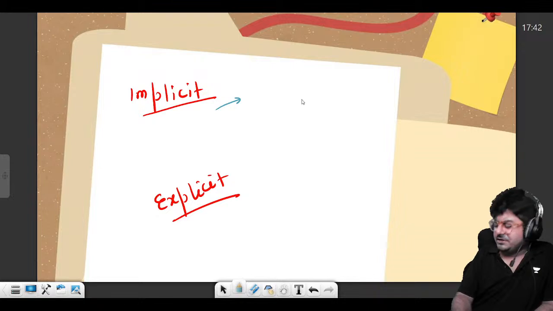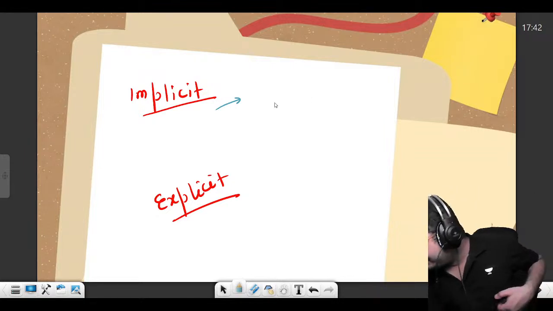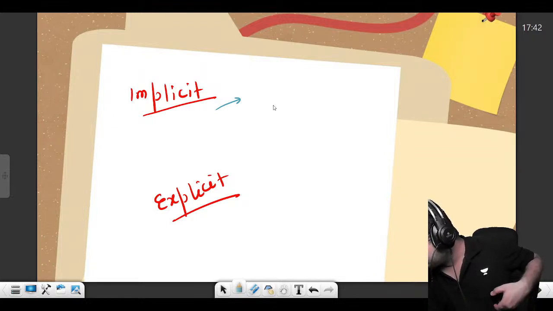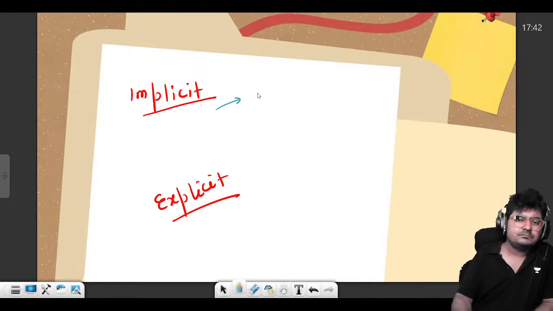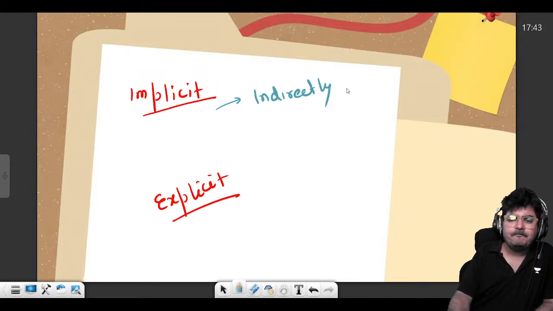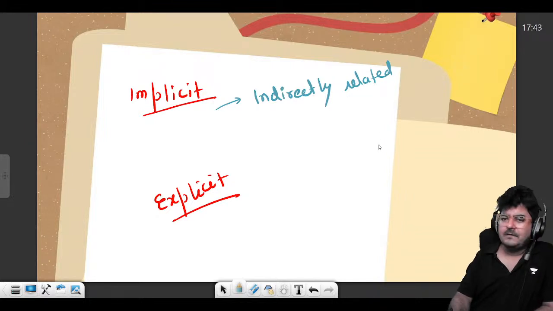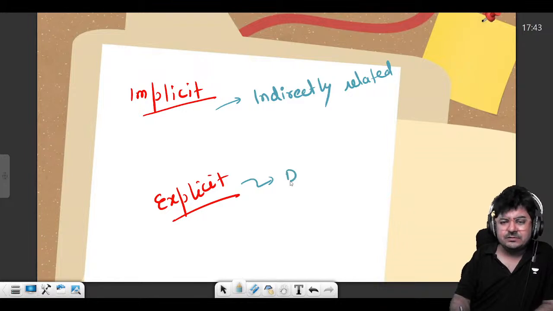By the dictionary meaning, implicit is indirectly related to the statement, and explicit is directly related.